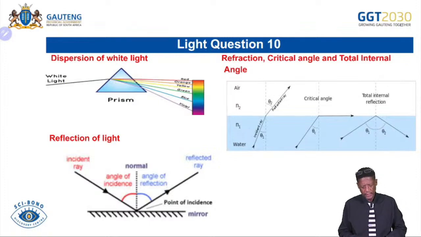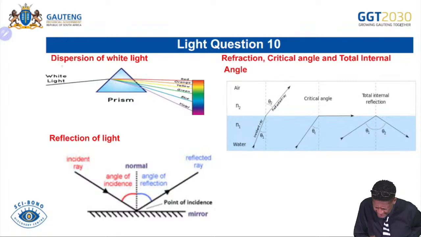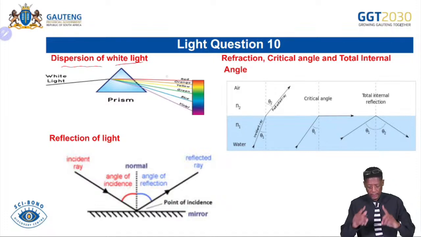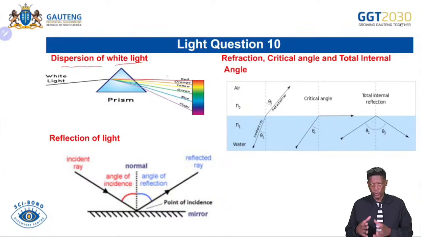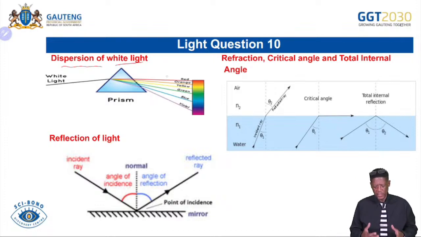So light, what you must look at in light is the dispersion of white light. The dispersion of white light when it goes through the prism or the glass prism. So it's going to produce the components of colors. Now, what is dispersion?